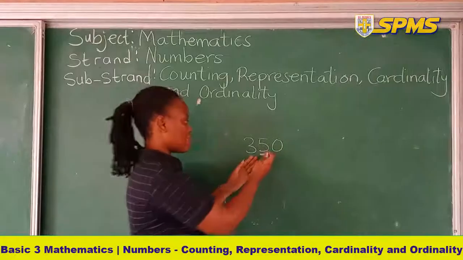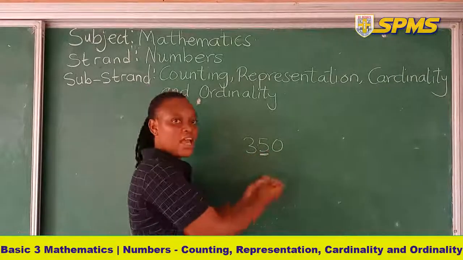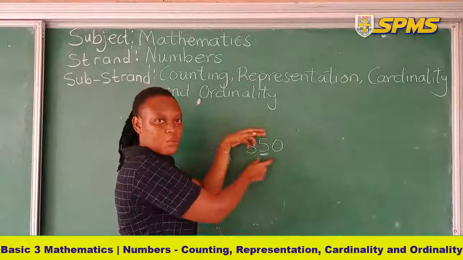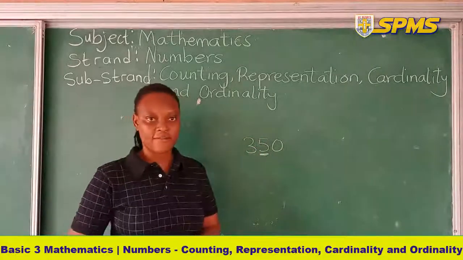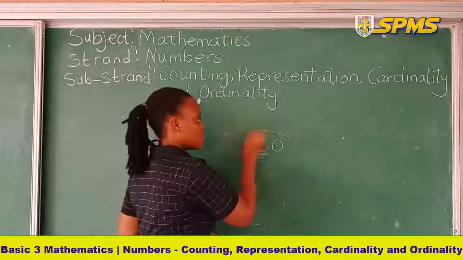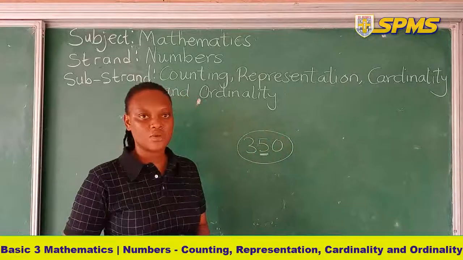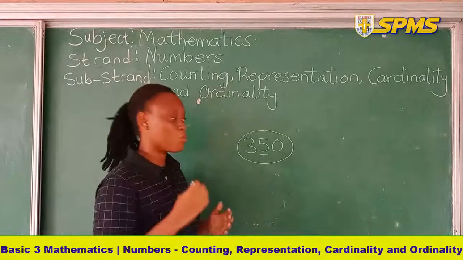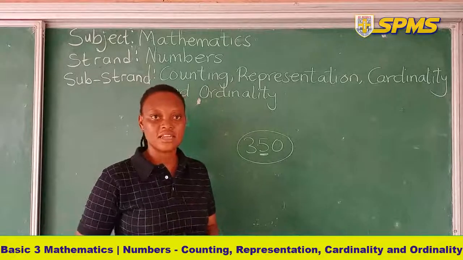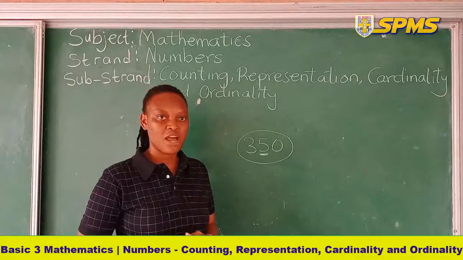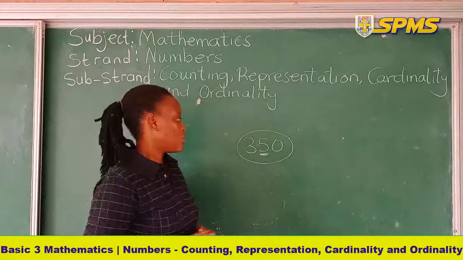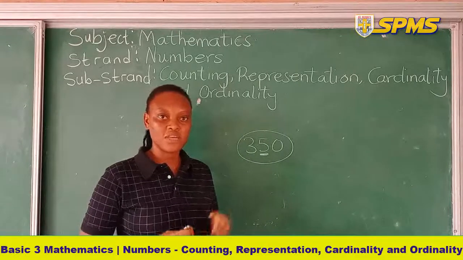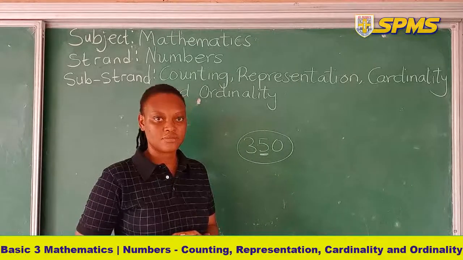So 5 is located in between 3 and then 0. So what is the place value, the worth of the 5? We have 3 digit numbers on the board. Remember our previous lesson, we spoke about ones, tens, and then hundreds. We realized that hundreds comes in the form of 3 numbers.